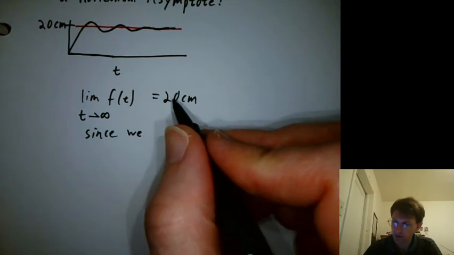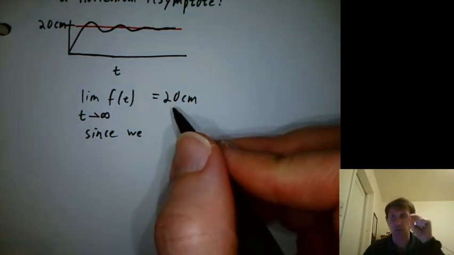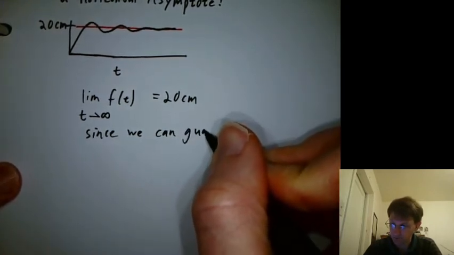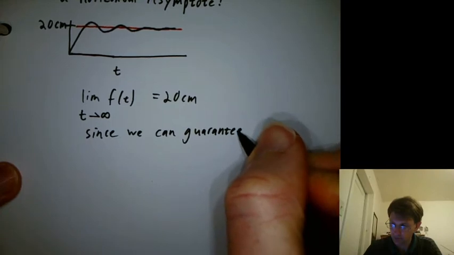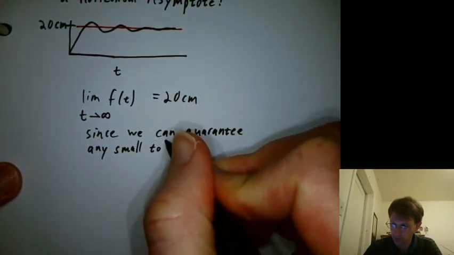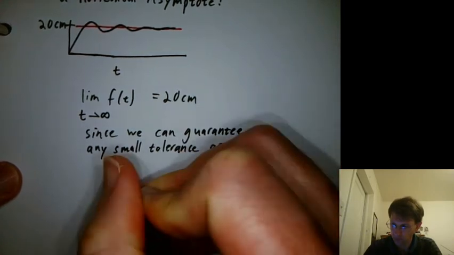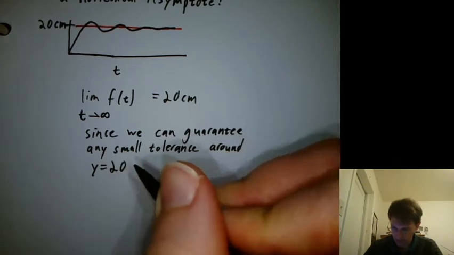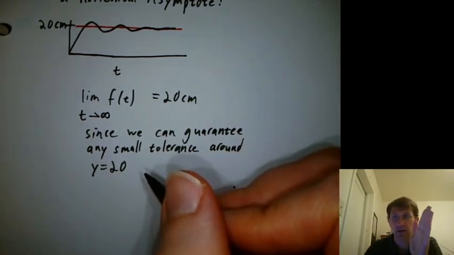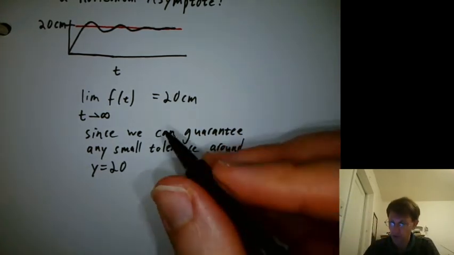So we can say that this limit is 20 centimeters because we can guarantee any small tolerance around y equals 20 by waiting long enough, by saying up to this, like take this time point and all the time points after that, you'll be within that small tolerance.